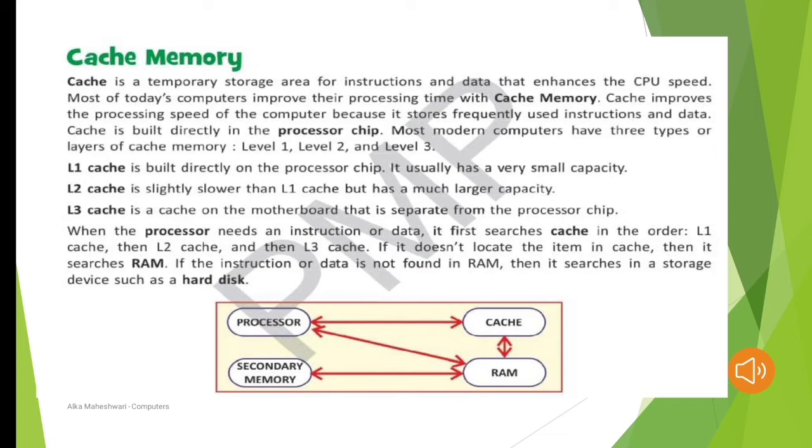L1 is built directly on the processor chip. Its capacity is small. L2 has a much larger capacity but is slower than L1, and L3 is directly fitted on the motherboard, separate from the processor chip.